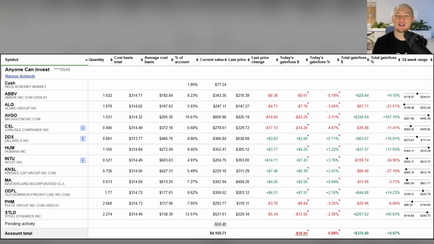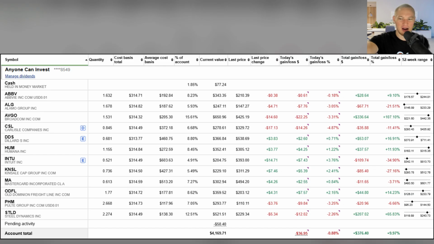All right, looking at this screenshot, this is where the portfolio sat last episode if you didn't happen to see that. You can see we had a cost basis total, the amount of money that we invested into each of these stocks, sitting at right around $315. I can't exactly get it to $315 because Fidelity does not allow me to for whatever reason, but it's as close as we can get.